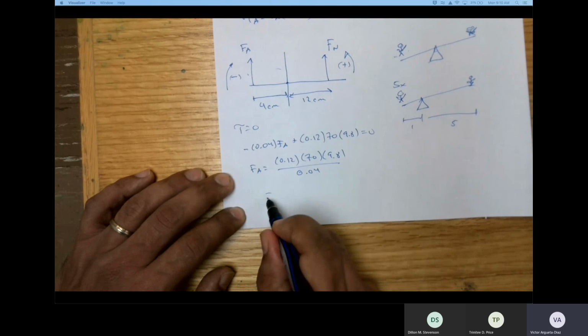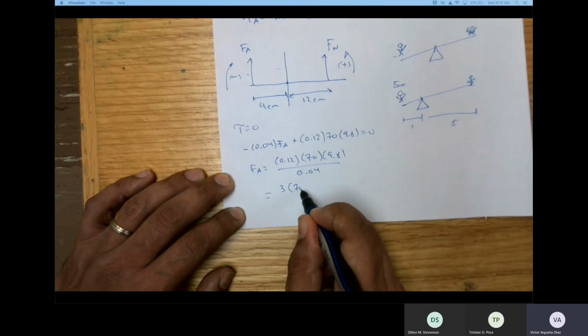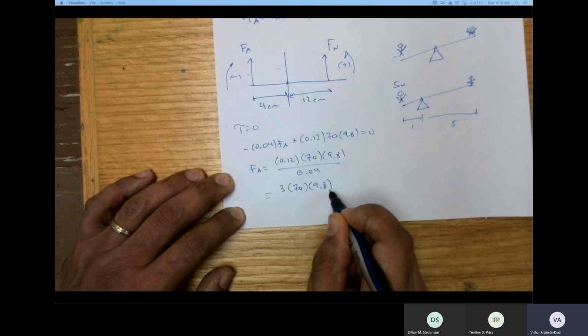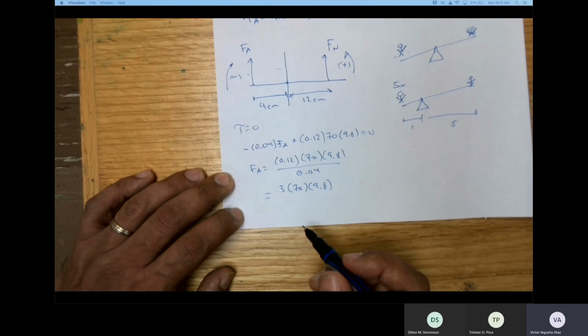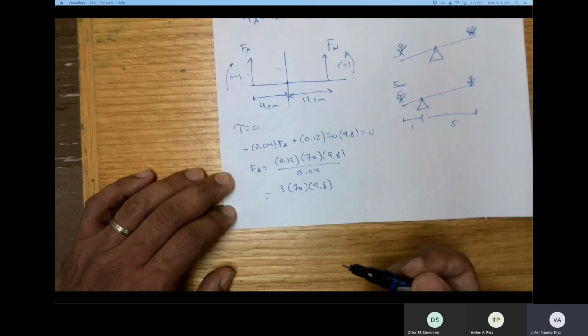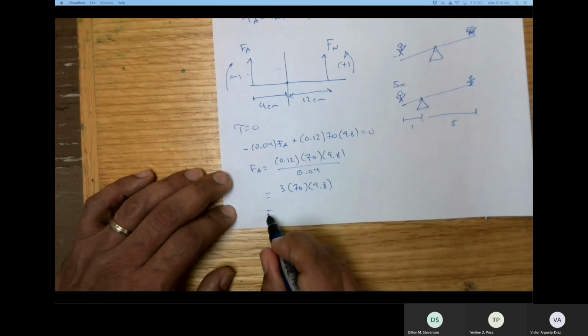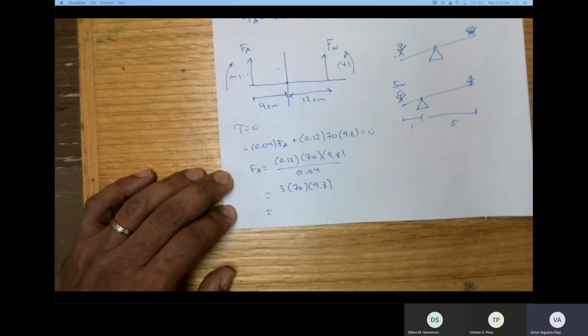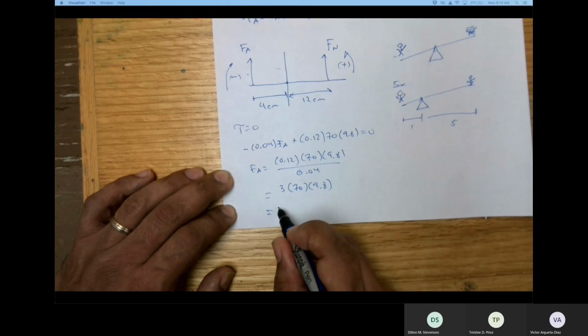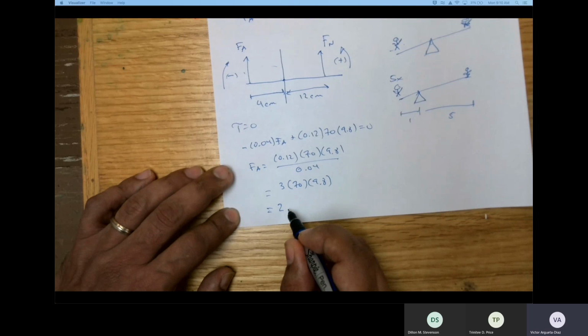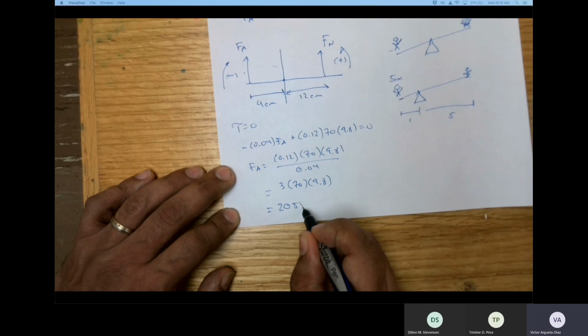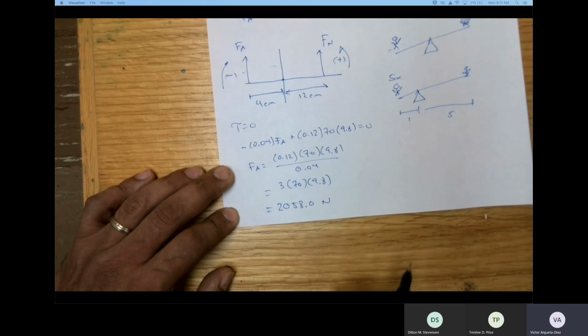So you can see this is going to be 3 times 70 times 9.8. So it's 3 times the body weight on your Achilles tendon. So this is 2,058 newtons.